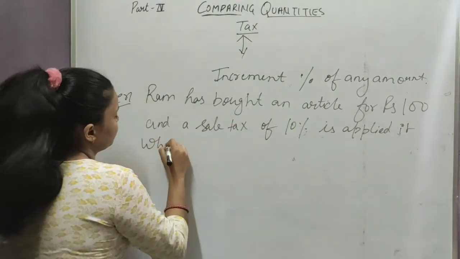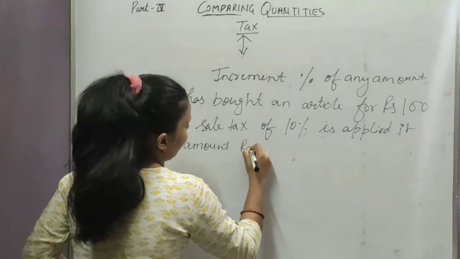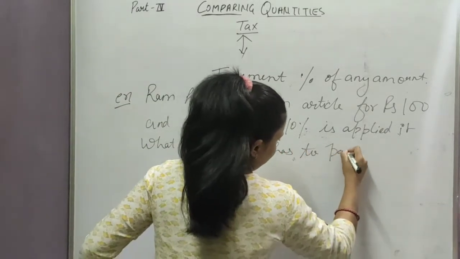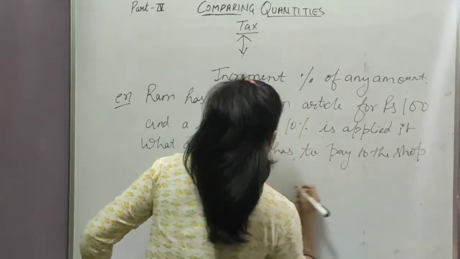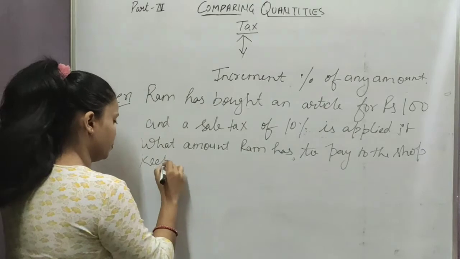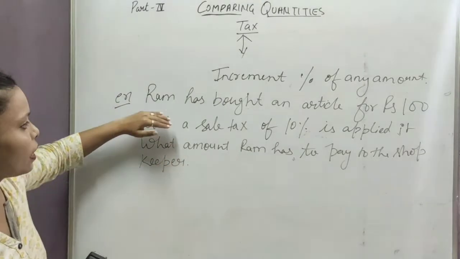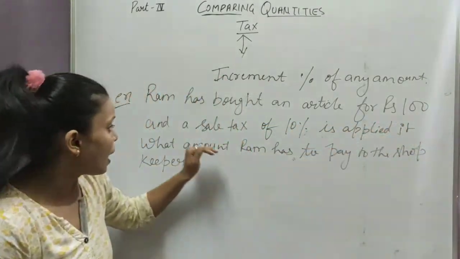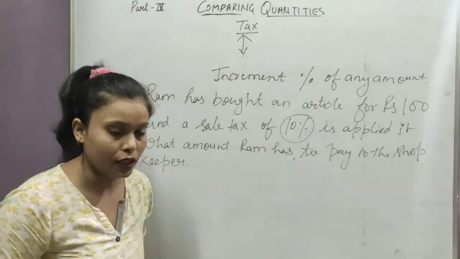What amount Ram has to pay to the shopkeeper? What is the question saying? Ram has bought an article for rupees 100 and a sale tax of 10% is applied on it.